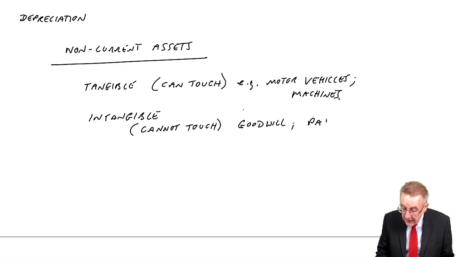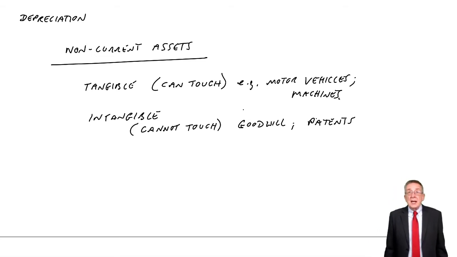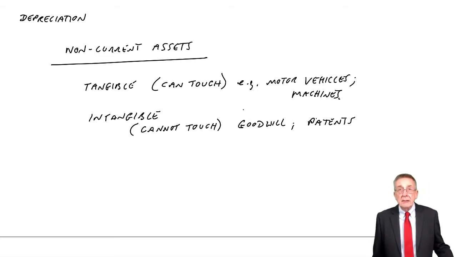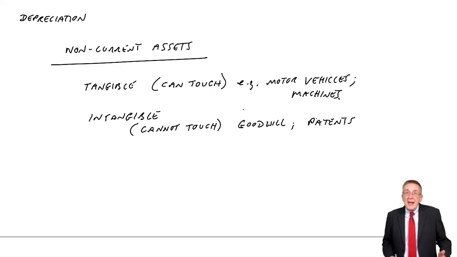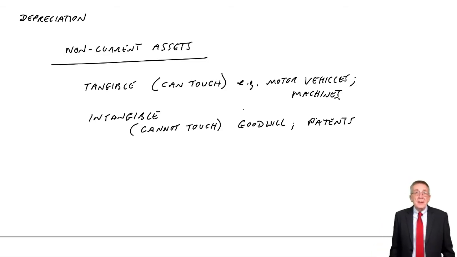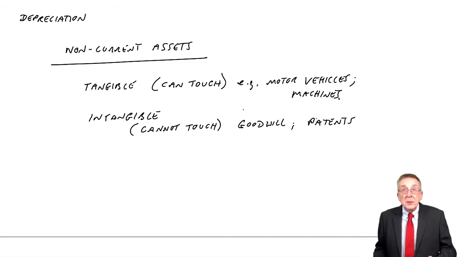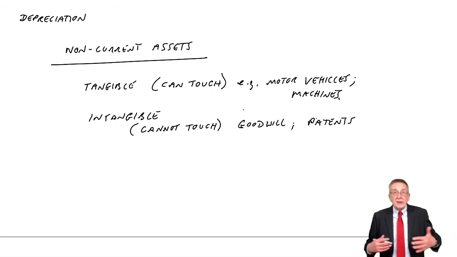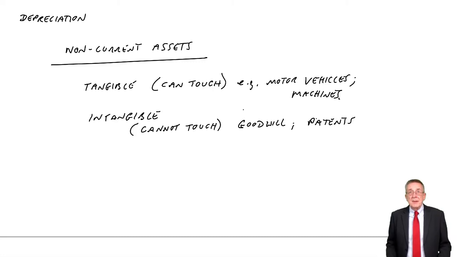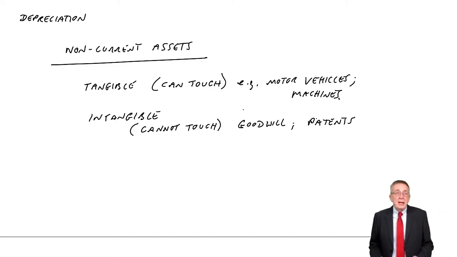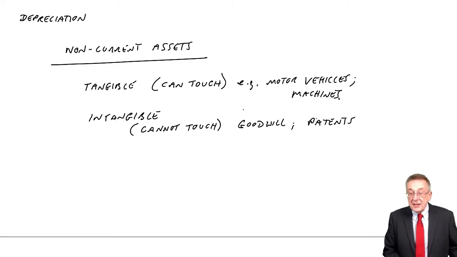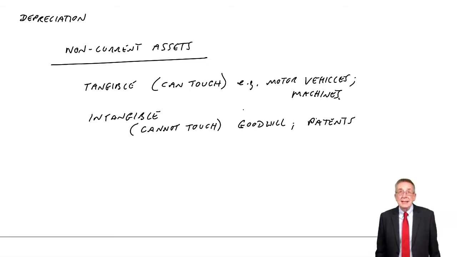Another example is patents. Suppose I've invented a new floor cleaner. I've got a patent, so nobody else is allowed to produce it, only me. Other companies might want to produce it, but if I allow them to, they'll have to pay me because I've got the patent. It's worth a lot of money, the fact that I'm the only person who's entitled to produce it because I invented it.